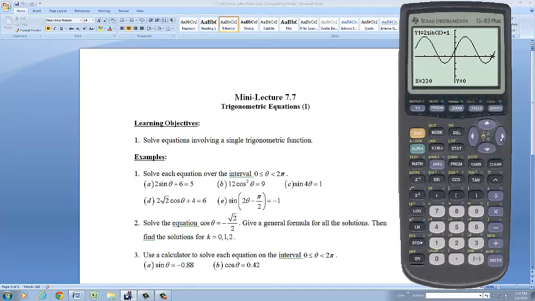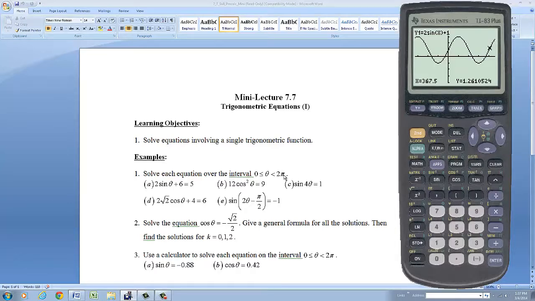Now if I keep going, I'm going to get more solutions. But at this point right here, I'm already past the 360, which means I'm also past the 2 pi, because 2 pi and 360 are the same. So there's no reason to keep going. The solutions from 0 to 2 pi, or from 0 to 360, are 210 and 330.